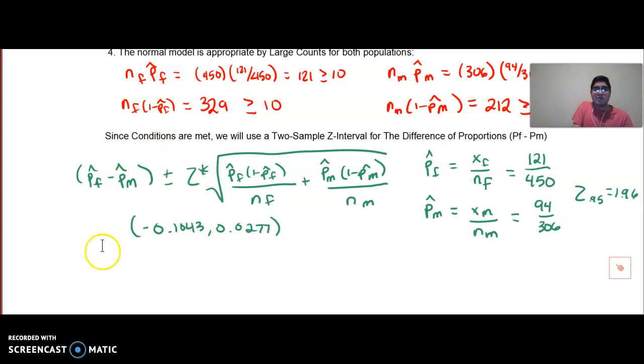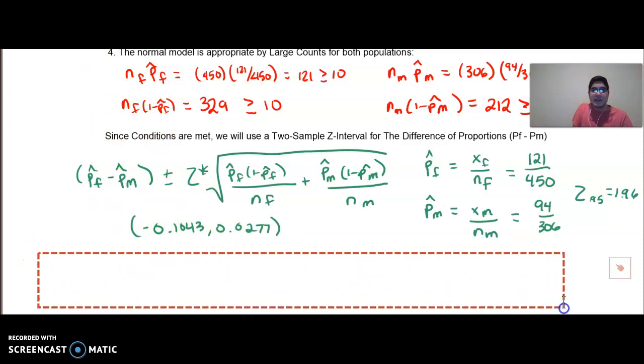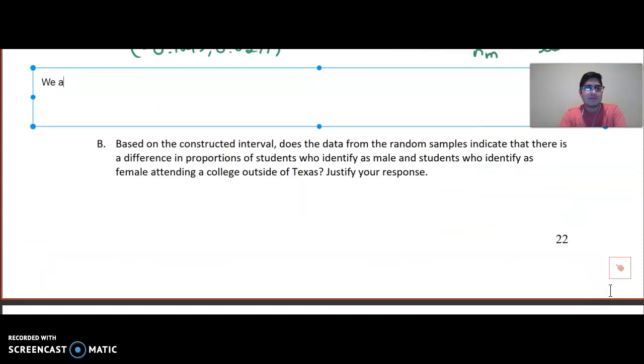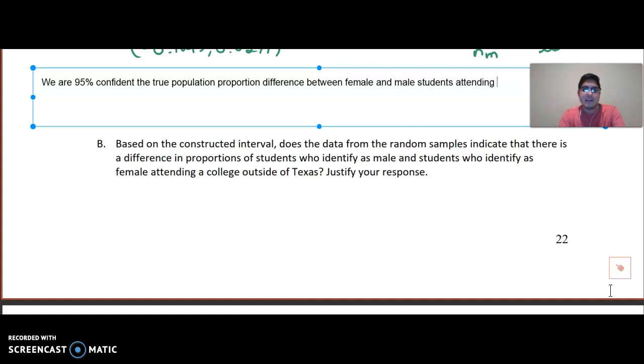And now what on earth does that interval mean? Let's go ahead and summarize. Well, we are 95% confident the true population proportion difference between female and male students attending college outside of Texas.